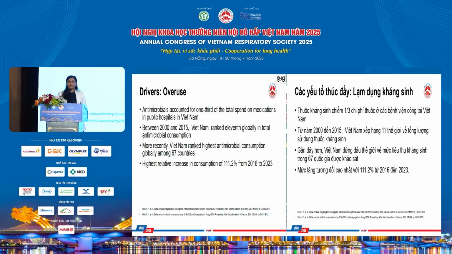However, in a more recent study published just 2 years ago in 2023, it showed that now it has crept up to being the highest antimicrobial consumption amongst 67 countries that were studied. Now, this shows that there's a highest relative increase in consumption of more than 100% between 2016 to 2023. So it's quite evident that the consumption is just a big problem.